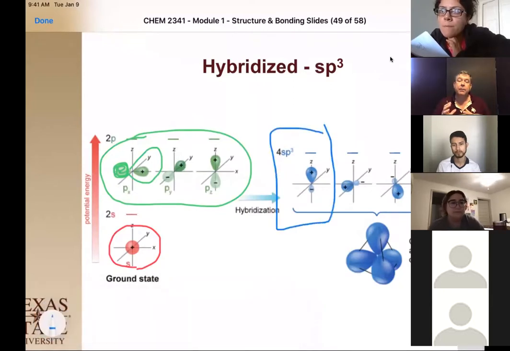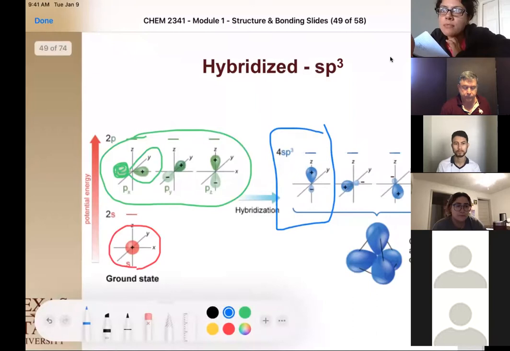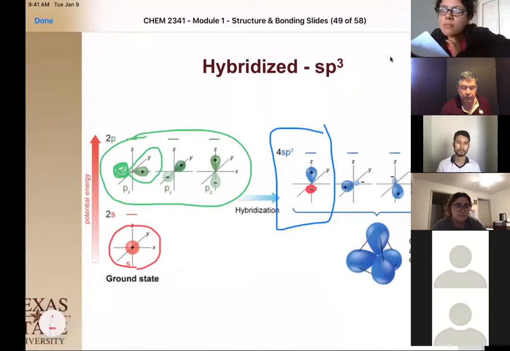See how it's lopsided? One side has a little more s character, one side has a little less p character, and we can now start squeezing these together in the space. So if we made the smaller orbital of all of these hybrid orbitals red right here, and we think about where the backside of the orbital for this one is, it actually is going to show up right here.